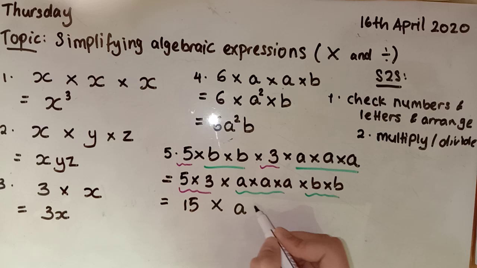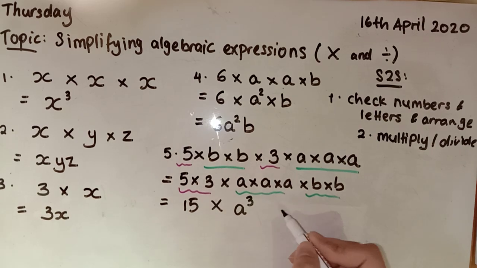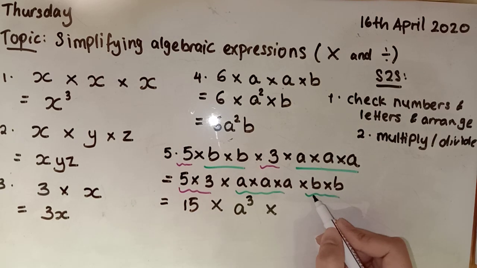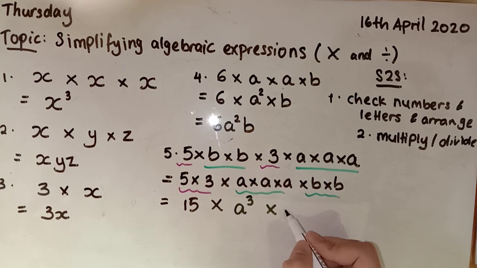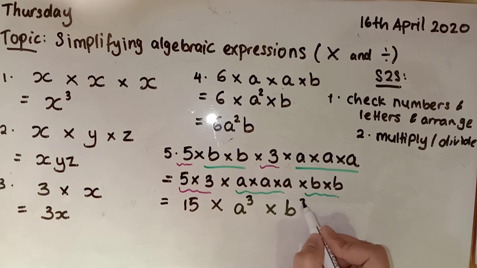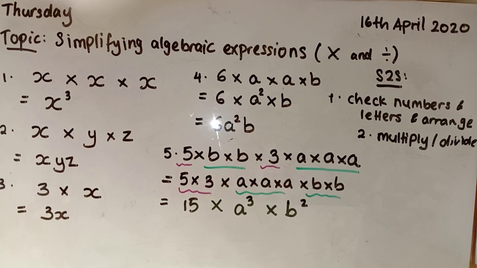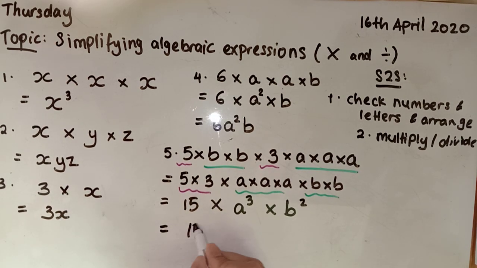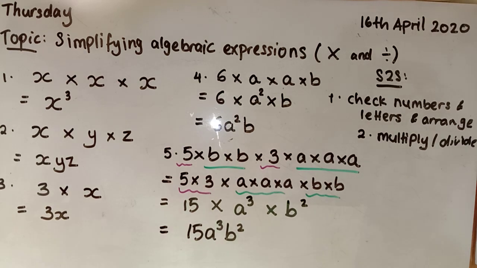So A to the power of 3. Times. How many B? 2. So B to the power of 2 or B squared. Okay. Then as your answer, you can write it down as 15 A cubed, or A to the power of 3, B to the power of 2, or B squared. So your answer is 15 A cubed B squared.